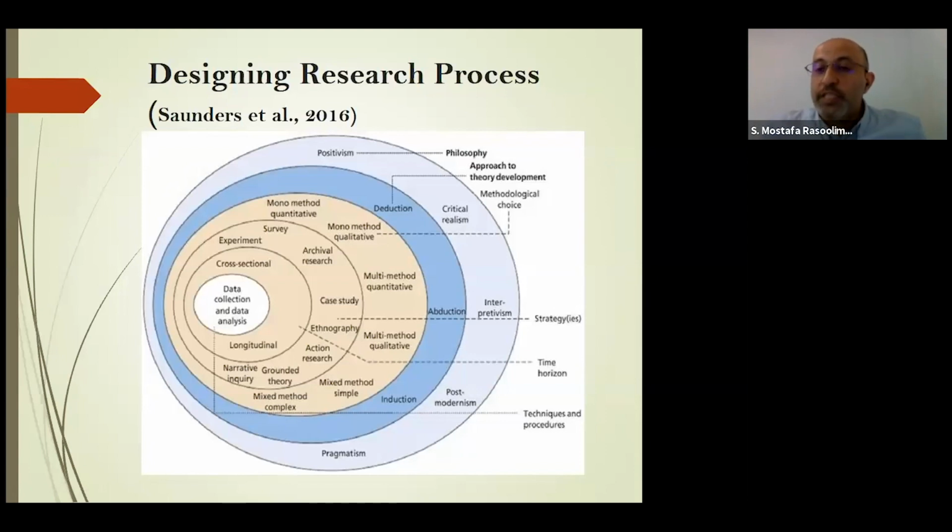Research philosophy or research paradigm refers to our thinking and our answers to some main questions. And the first layer, most of the time, comes from our thinking and our mind, not from our research.